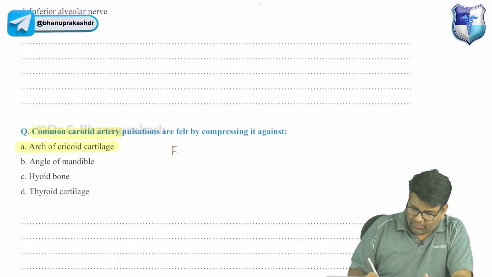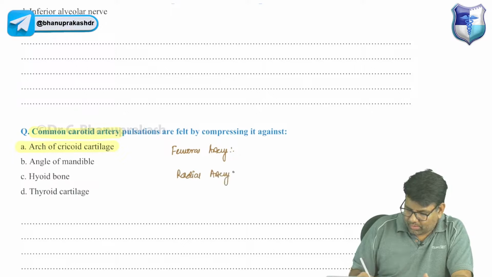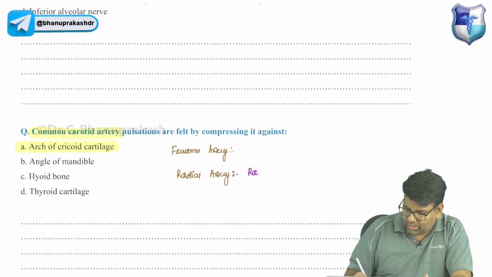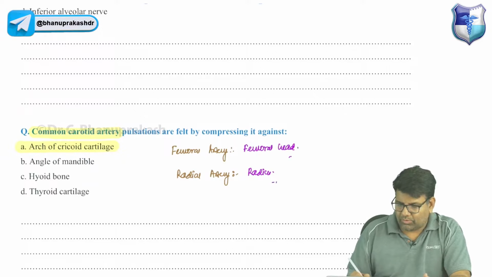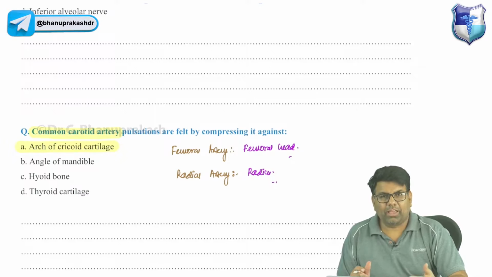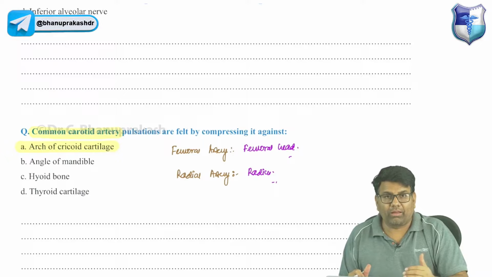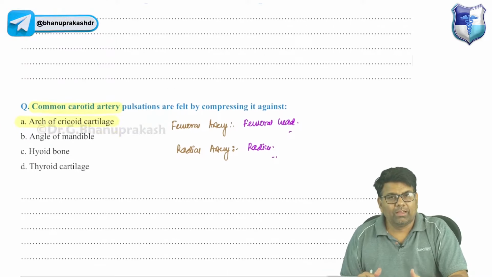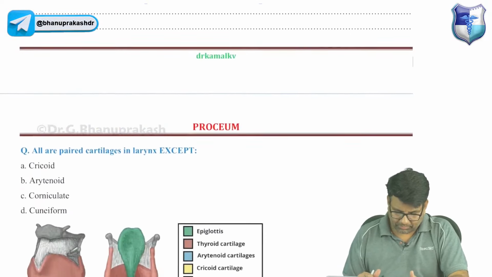Like if you want to palpate the femoral artery, or the radial artery, any idea? This is of course the lower end of radius, and this is femoral. So the arteries have to be compressed against a bony background, then only we can palpate the pulsations.